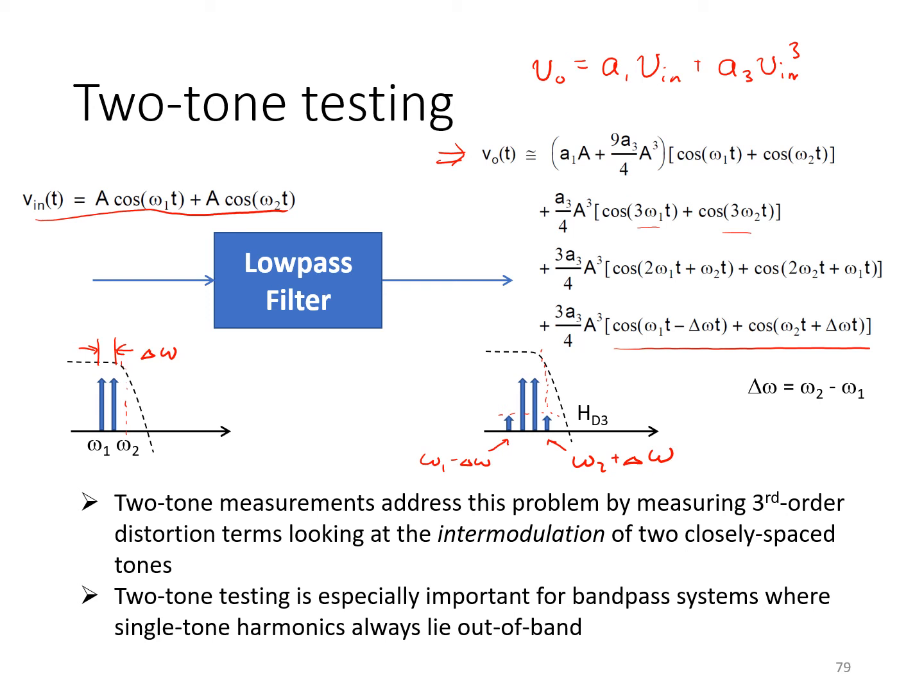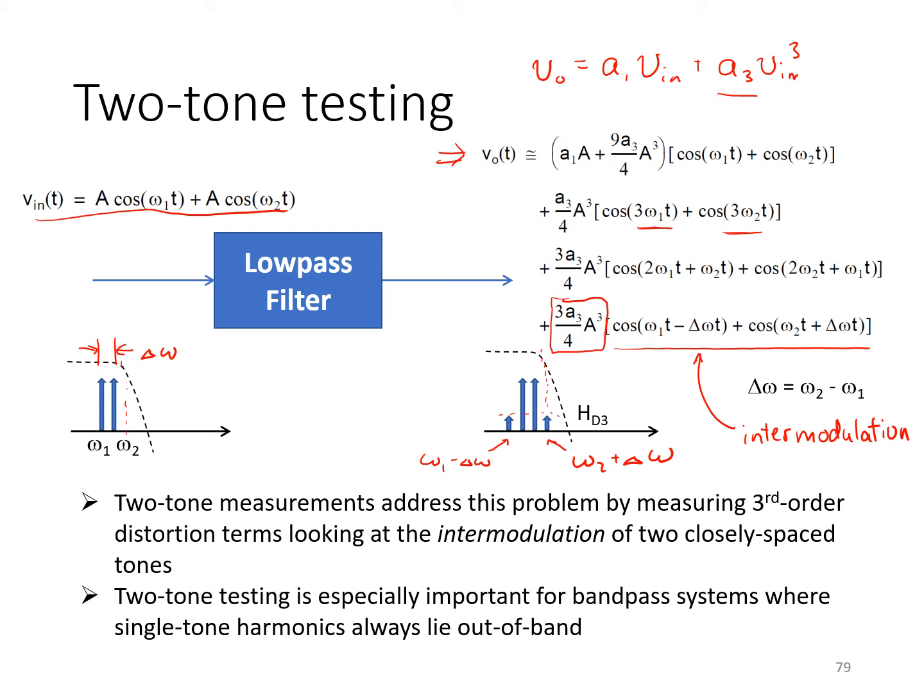Now these extra tones, these intermodulation products, have an amplitude that varies in much the same way as the amplitude of the third harmonics. That is, you see very similar coefficient up front. You see A3, so the larger the third order nonlinearity, the larger the intermodulation products will be.